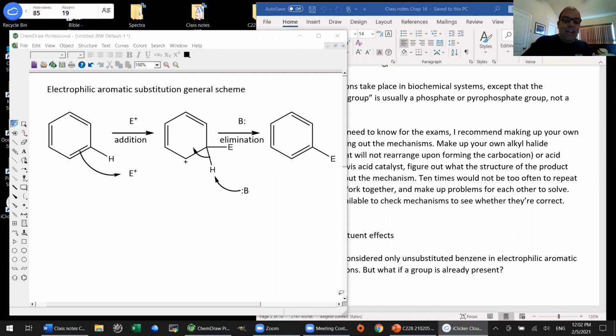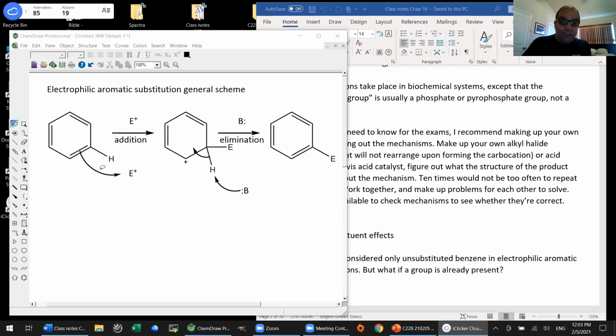So in general, I think what you'll find is that these substitution reactions have two main steps, give or take, and it depends on the details, but there should be two main steps. In the first step, it actually looks at first like it's going to be an addition reaction.